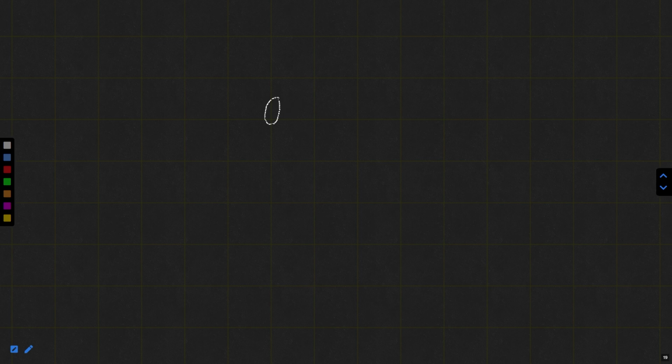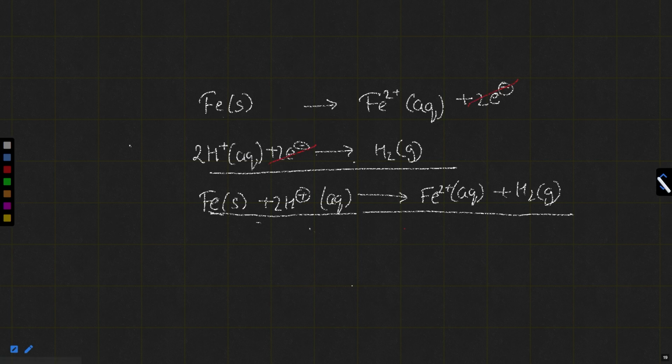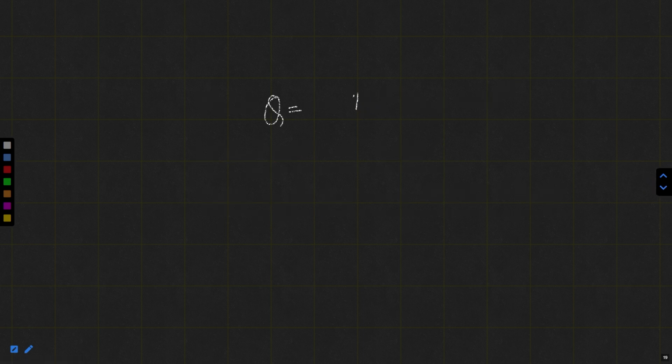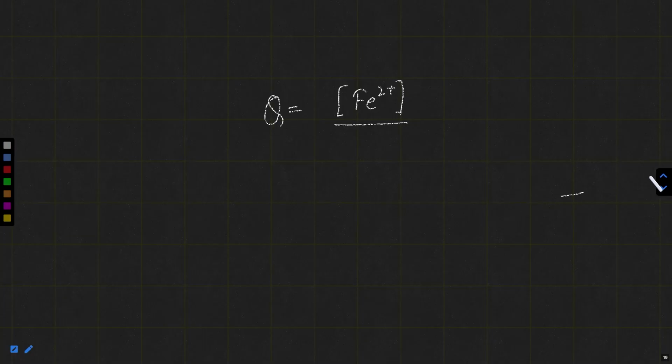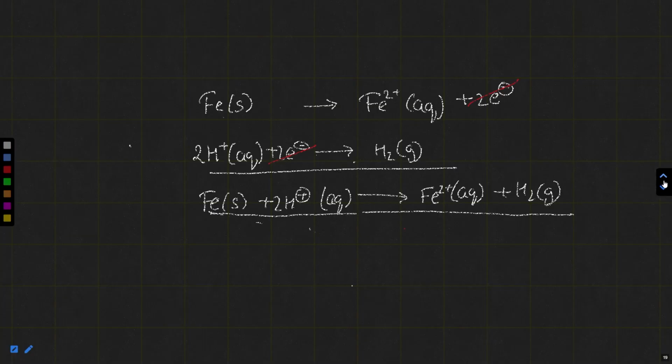So Q, our reaction quotient, will be equal to the product concentration, that is our Fe2+, divided by the concentration of H+.